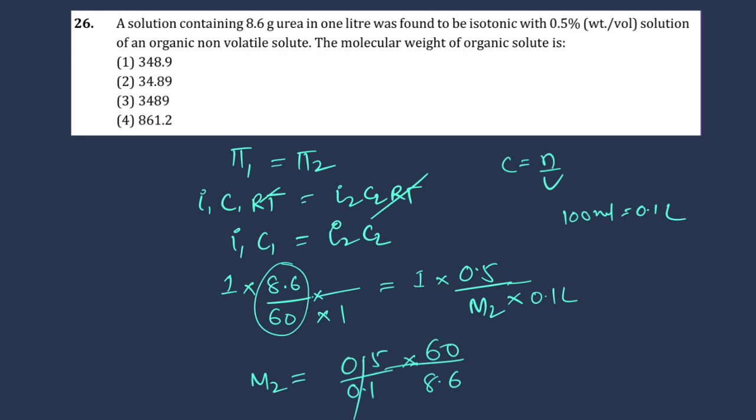Then this point cancels, and 5 into 6 is 30, numerator 300, 8.6. Then what is the answer? The answer is 34 point something. Which option is that? The second option.